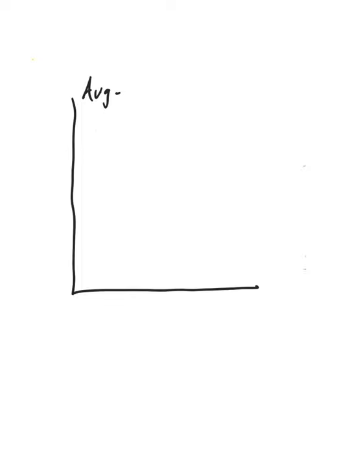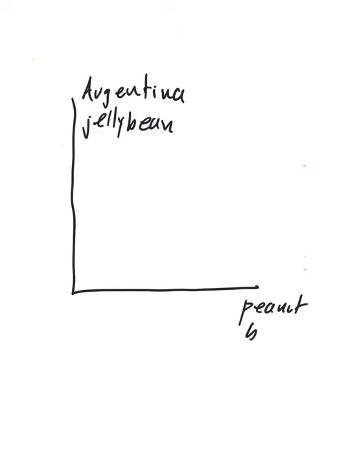Here's Argentina. And if you work it out in the same way that we did for Chile, you will see that total maximum possible jelly bean production in Argentina is 1,000.